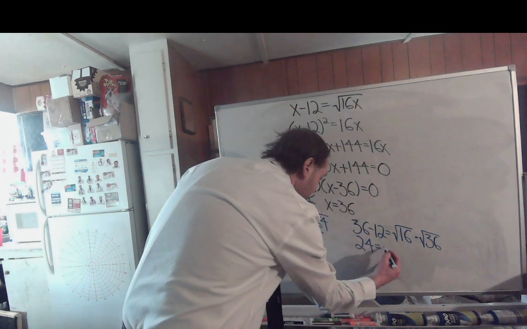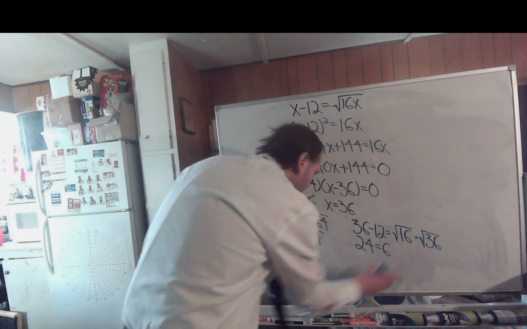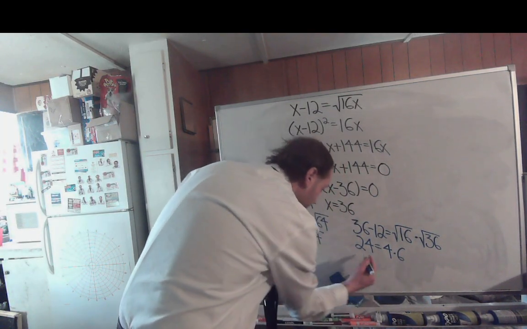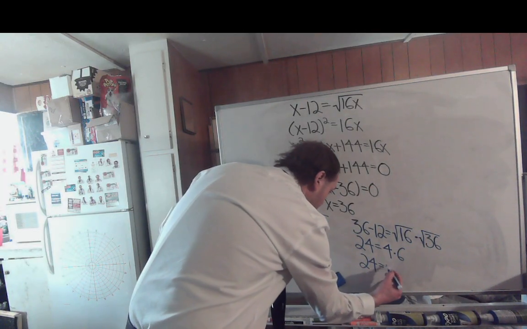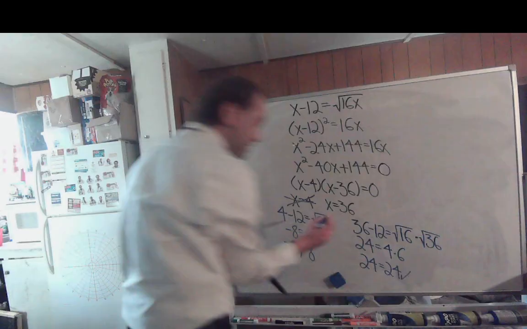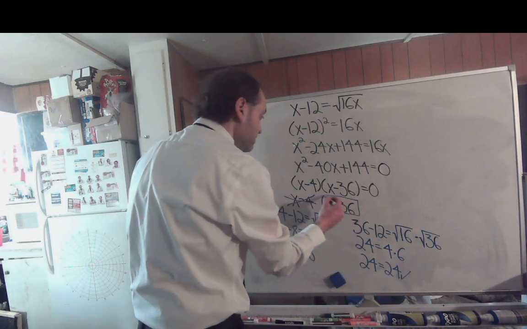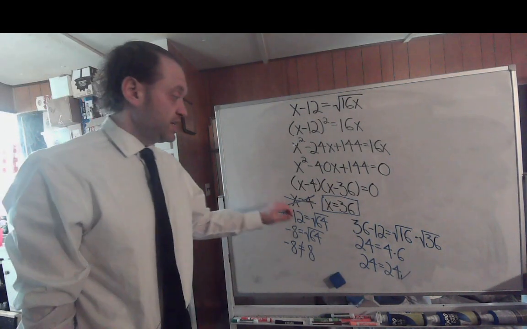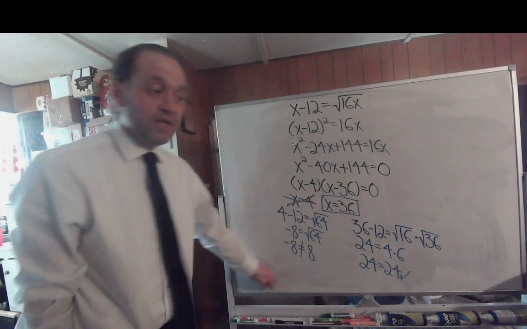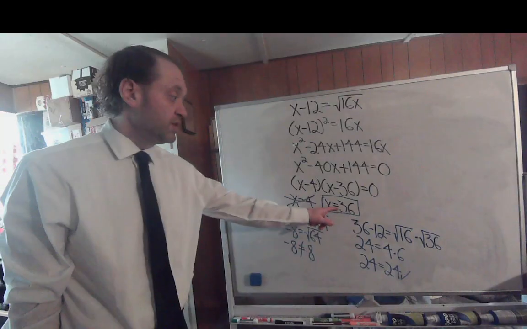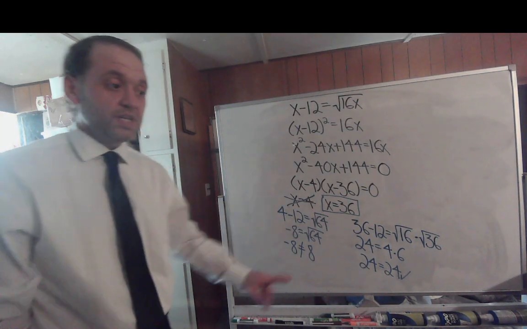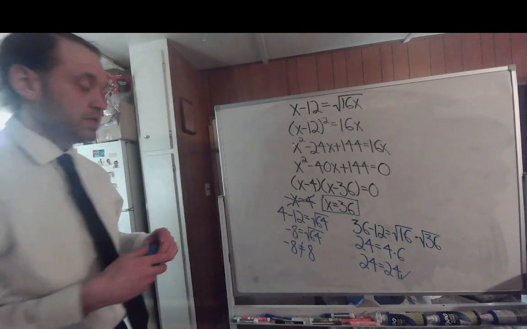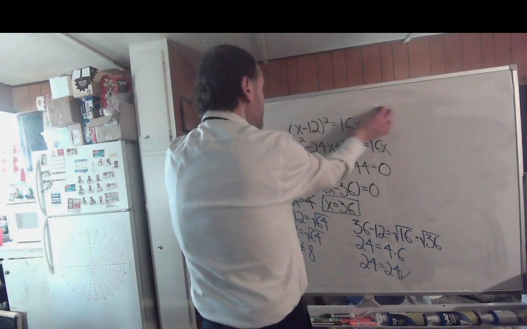That's going to equal 4 times 6, which means 24 equals 24. So x equals 36 is actually a viable solution. In fact, it's the only solution to this one. So x equals 4 is an extraneous solution, meaning that it's not a viable solution. So the only viable solution is x equals 36. This is where checking for extraneous roots is very, very important. Otherwise, you might get a wrong answer.